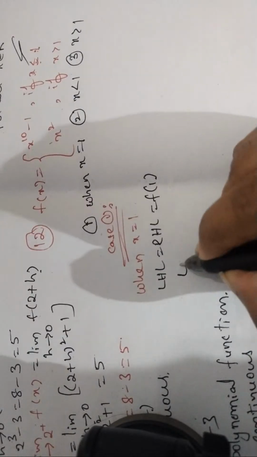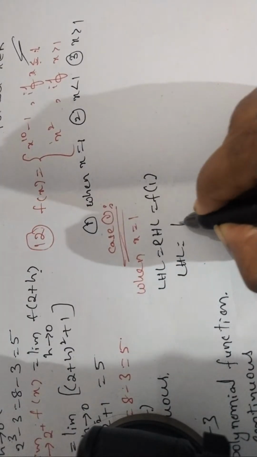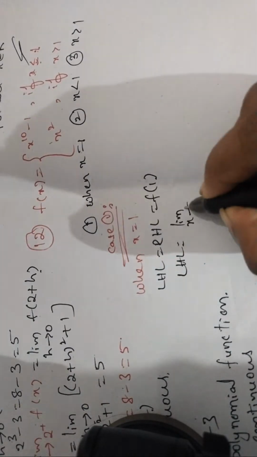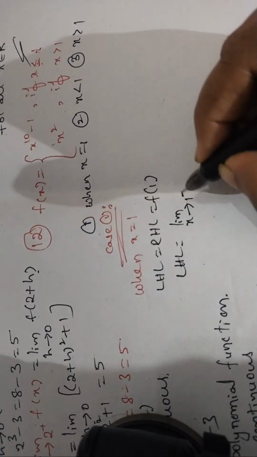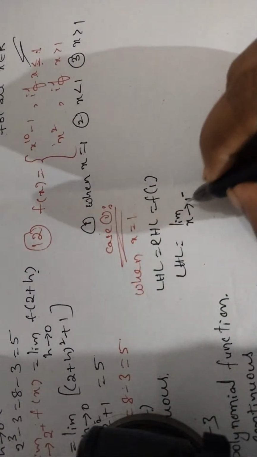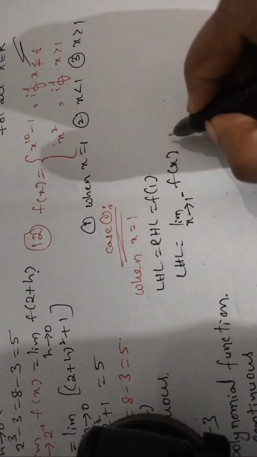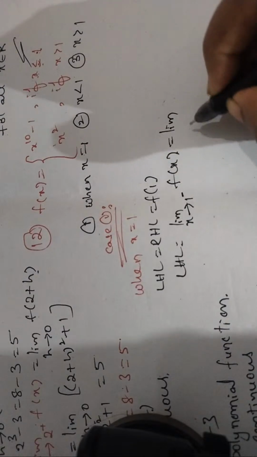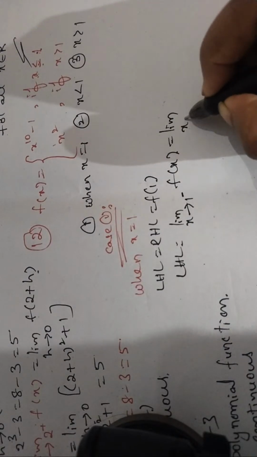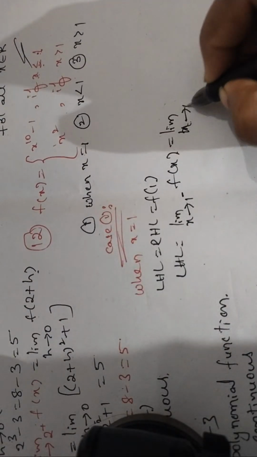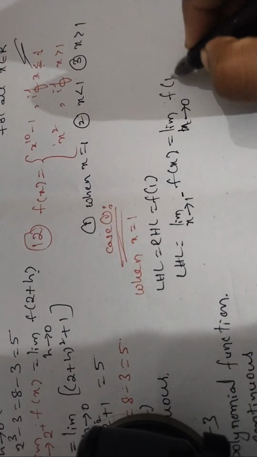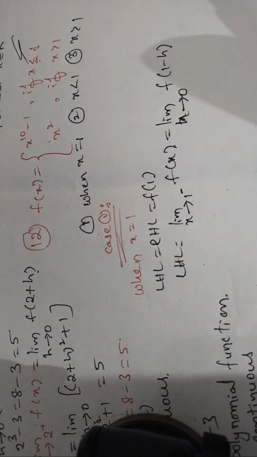So I will write LHL is equal to limit x tends to 1 minus f of x. Now I will start from 0: limit h tends to 0 f of 1 minus h.